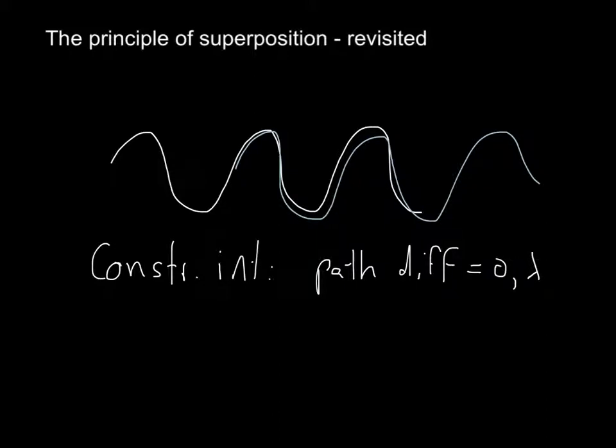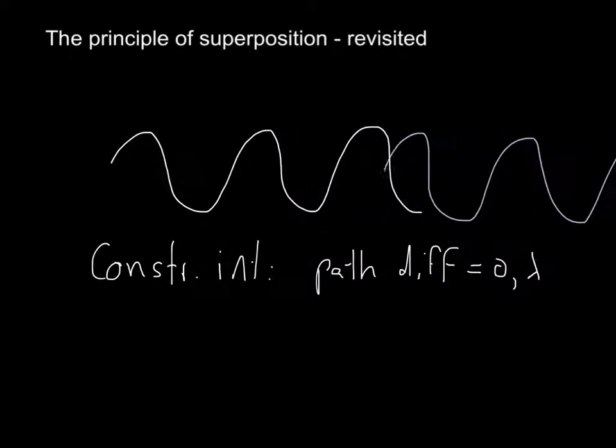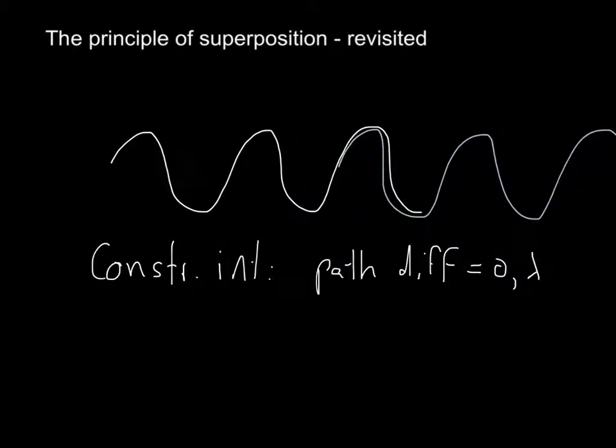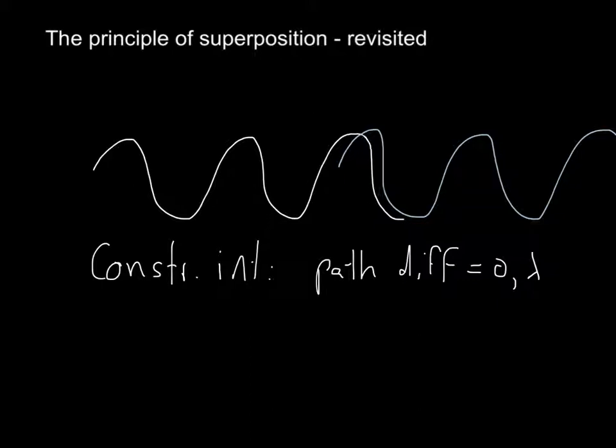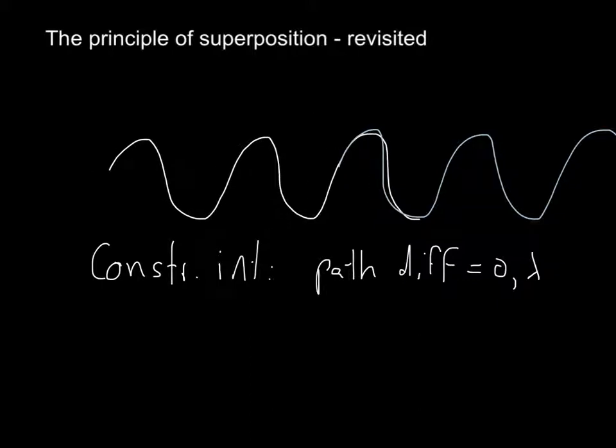And if I keep moving this to the right, I will also get constructive interference when I have moved by two wavelengths. So 0, one wavelength, two wavelengths. And it's easy to see that I'm going to get constructive interference for 0, one wavelength, two wavelengths, three wavelengths, and so on. So for any integer number of wavelengths.